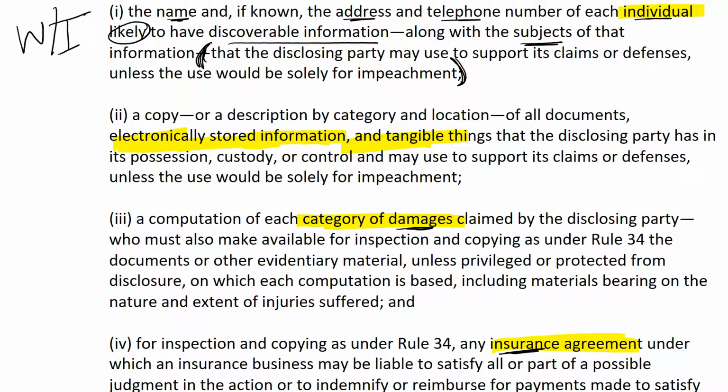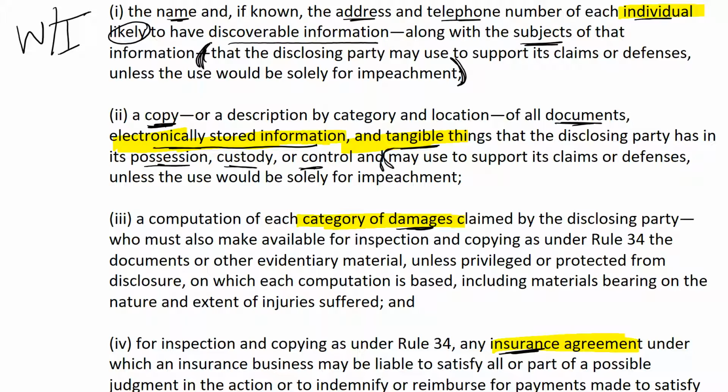Second is copies of all documents, ESI. That's electronic information like computer files, stuff on phones, electronic information, say like IP addresses of people visiting websites, things like that. Tangible things the disclosing party has in its possession, custody, or control.